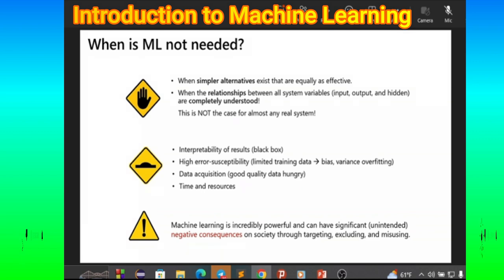If that's the case, you shouldn't enable the model to do that, if it has a negative consequence on a particular society or community, right?